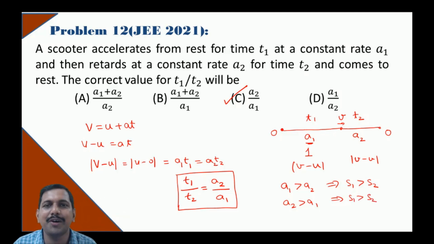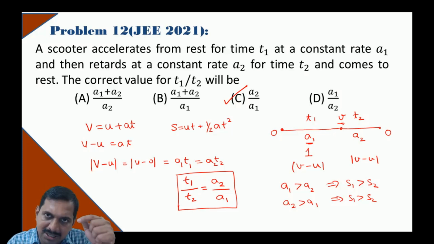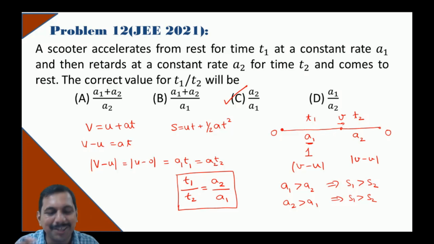This is a question you have to think about. Second point here is when you consider time, the next one is s is equal to ut plus half at square. So the thinking we have to have is, if the velocity reached is the same, will the distance be different? Something to think about.